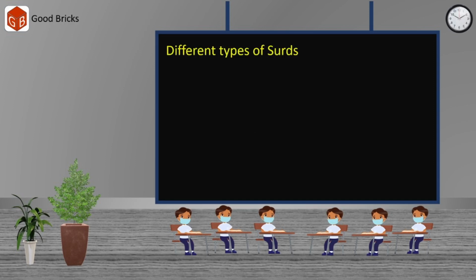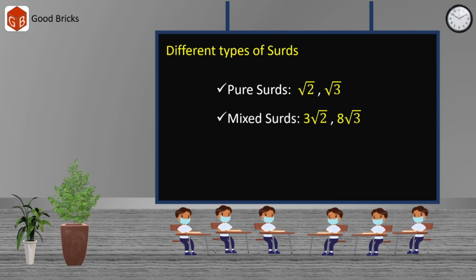One more point. This is for your next classes, but a little bit is required. This kind of irrational numbers, root 2, root 3, root 5, are called pure surds. Whereas 3 into root 2, 8 into root 3, 7 into root 5, this kind of irrational numbers are called mixed surds.